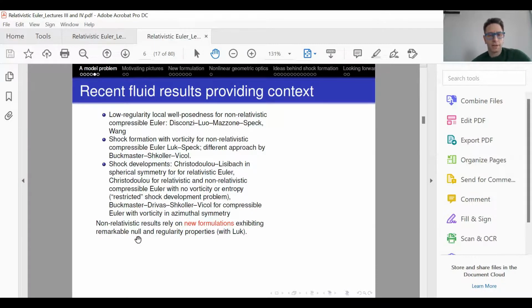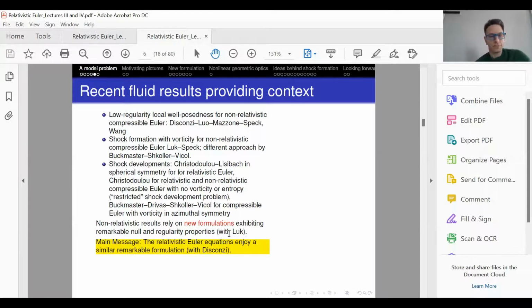Okay, so those are the results to keep in mind that are sort of motivating the way I'm thinking about fluids. Now, the non-relativistic results that I named up here, except for the work of Buckmaster, Drewes, Shkoller, and Vicol, they rely on new formulations of the equations. In the non-relativistic case, I wrote these down with Jonathan Luk, and in the relativistic case, I wrote them down with Marcelo Disconzi. The short version of the story is that there's a similar structure here.